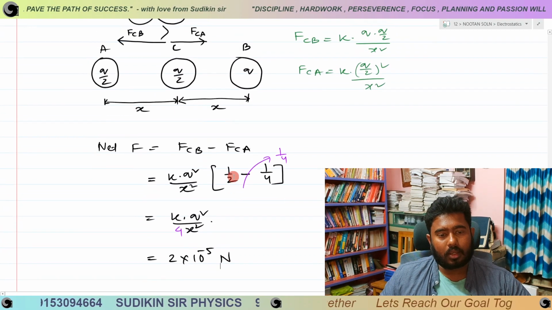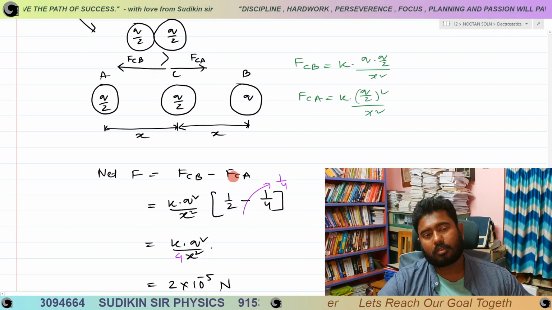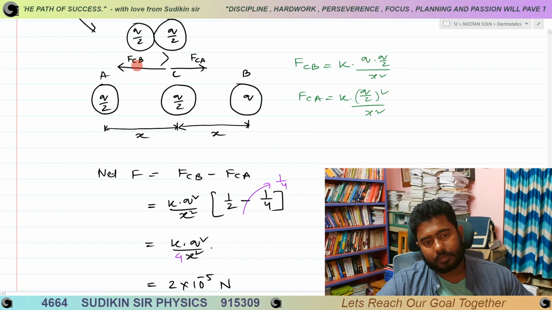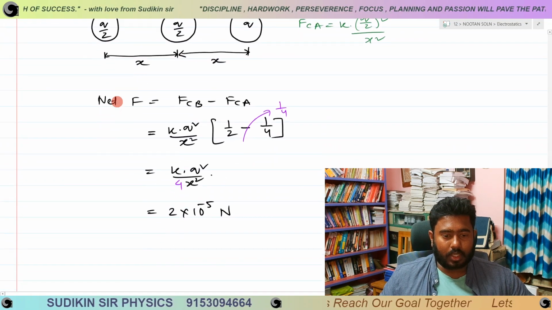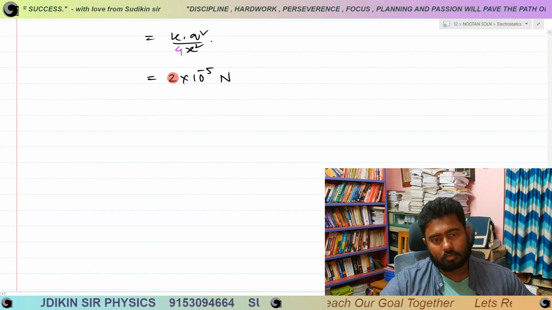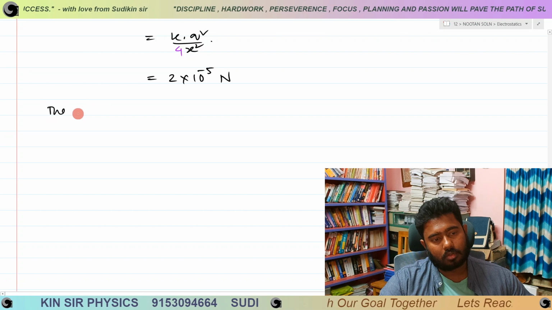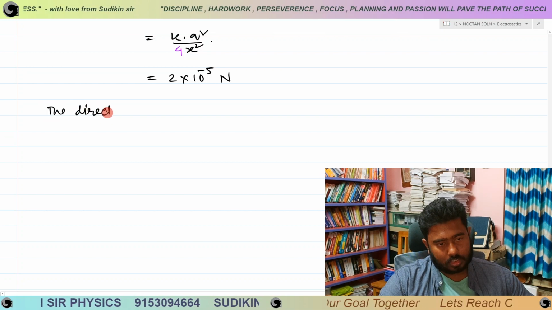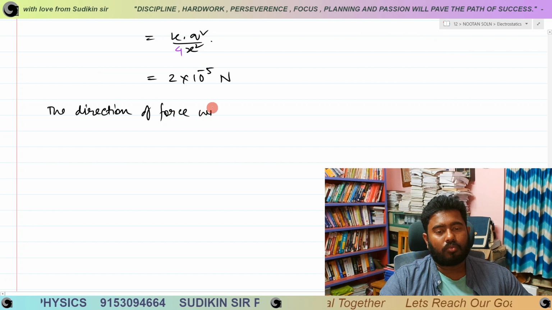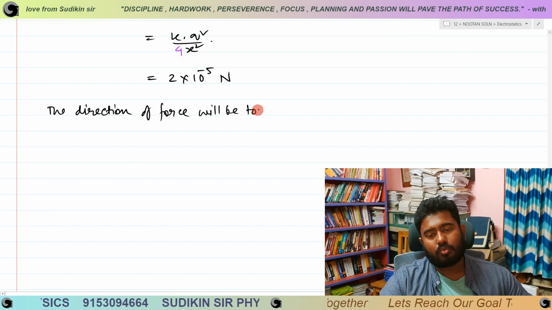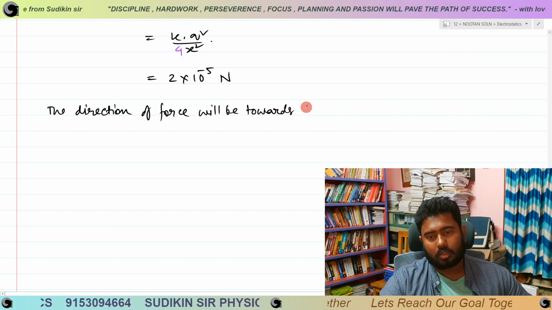And for the direction, FCB is greater than FCA, so the direction of force will be towards A.